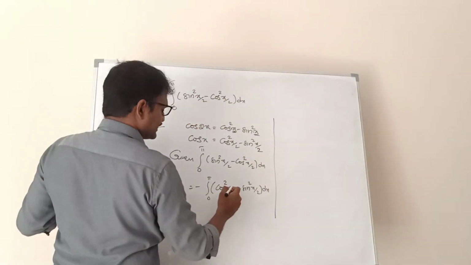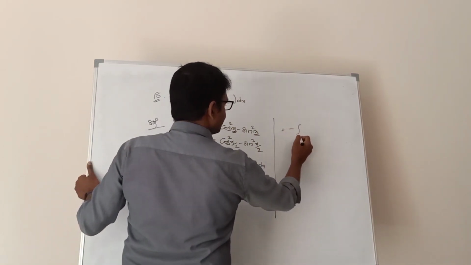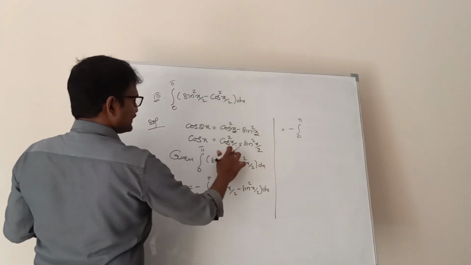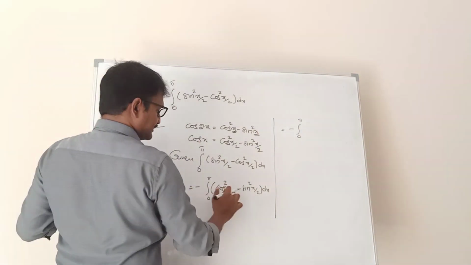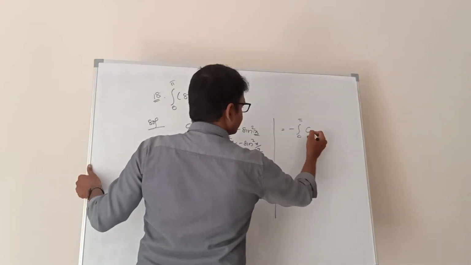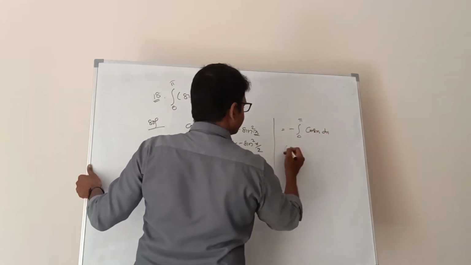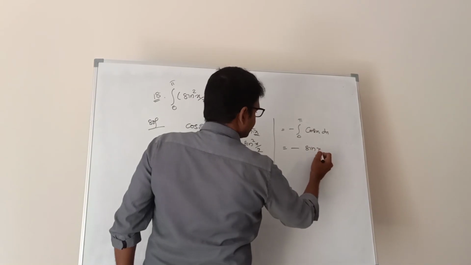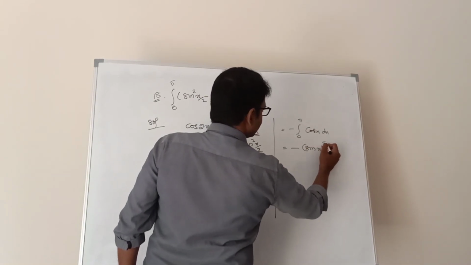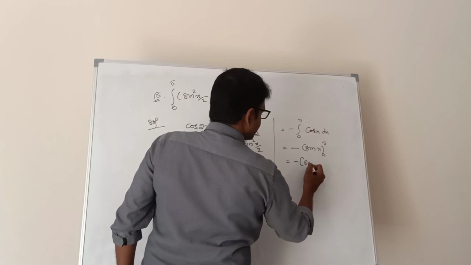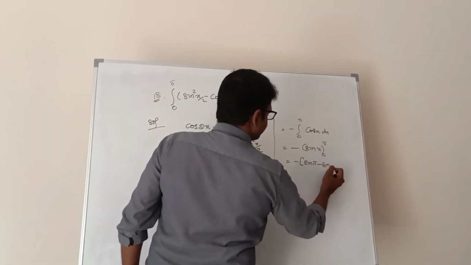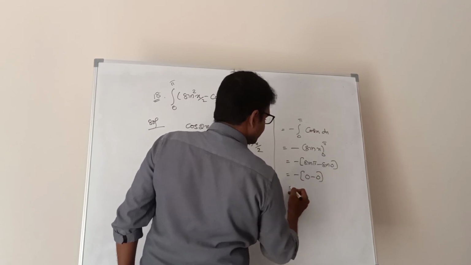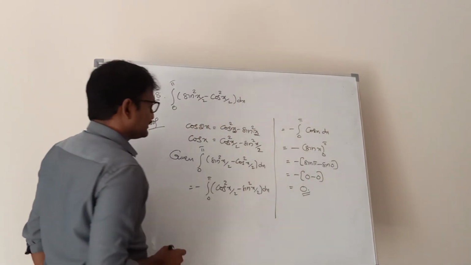Cos square x by 2 minus sin square x by 2 is cos x. So this equals minus the integration of cos x dx, which is sin x, lower limit 0, upper limit pi. Minus of sin pi minus sin 0, minus of sin 180, which is 0, minus sin 0, which is 0. So the answer is 0 for this problem.